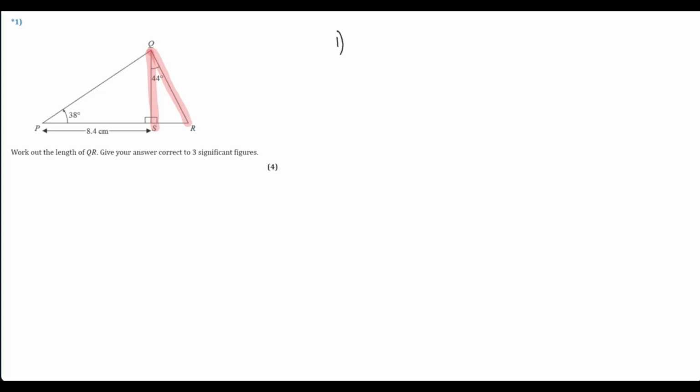This is trigonometry because we've got an angle and we've got sides involved, and it's a right angle triangle, so we will be using SOHCAHTOA. Let's label the triangle opposite, adjacent, hypotenuse, and we want to work out O, given that we've got A, so I'm just going to use TOA. So O equals tan theta times adjacent.